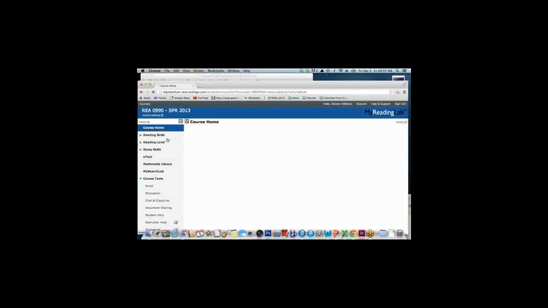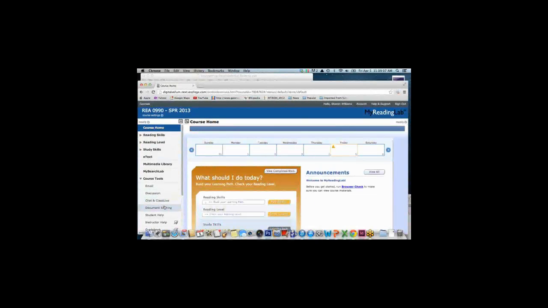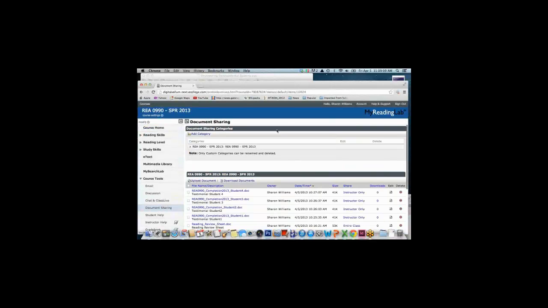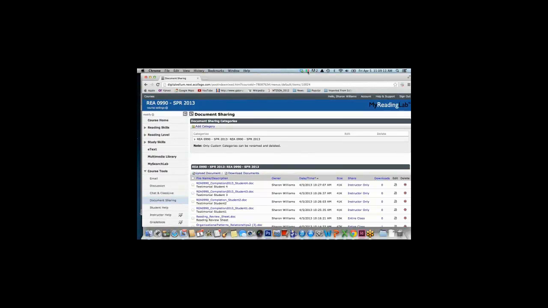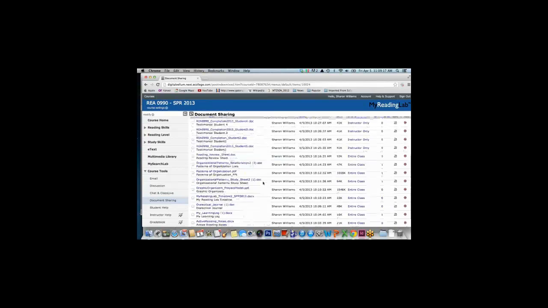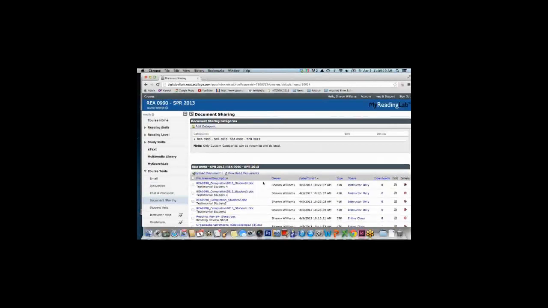There we go. I'm actually in my reading lab, and what I have done with my students is I would like to show different methodologies that we use. For one thing, if you notice in my course here, this is my REA 0990 class, and this is actually called My Bridge to Reading.